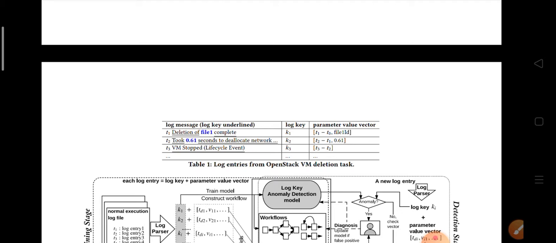And second, the parameter. For this particular template, deletion of something complete, it might be file 1 or file 2 or file 3. That is the file ID, the parameter of this particular stream data. Apart from that, they added t1 minus t0 into the parameter value vector.